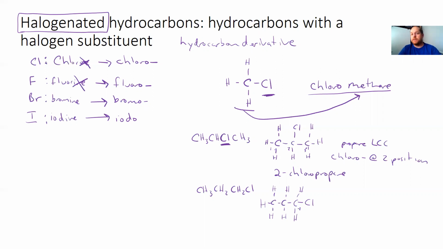Remember, we want to number from the side that would be closest to the substituents. That's why I drew it backwards for you. So that would be 1-chloropropane.